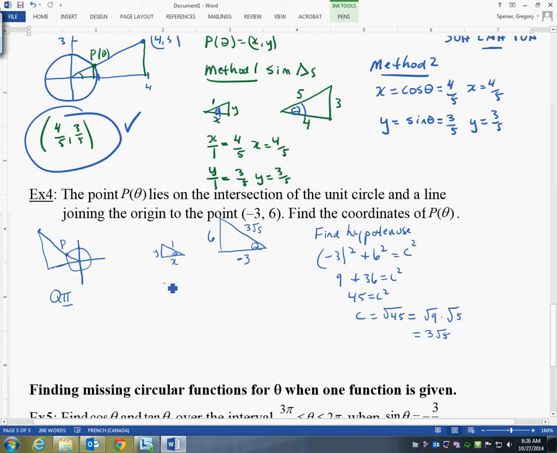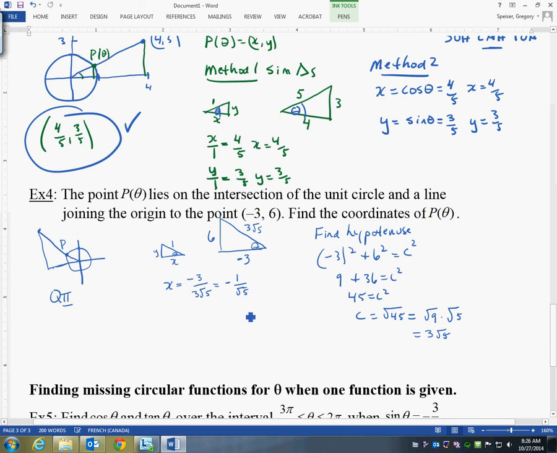Regardless of which way you think of it, as x over 1 equal to -3 over 3 root 5, or the cos of the angle is equal to -3 over 3 root 5, the math is -3 over 3 root 5. Can we reduce that? You betcha. We have a 3 in the numerator and the denominator. We divide that out, so we get -1 over root 5.